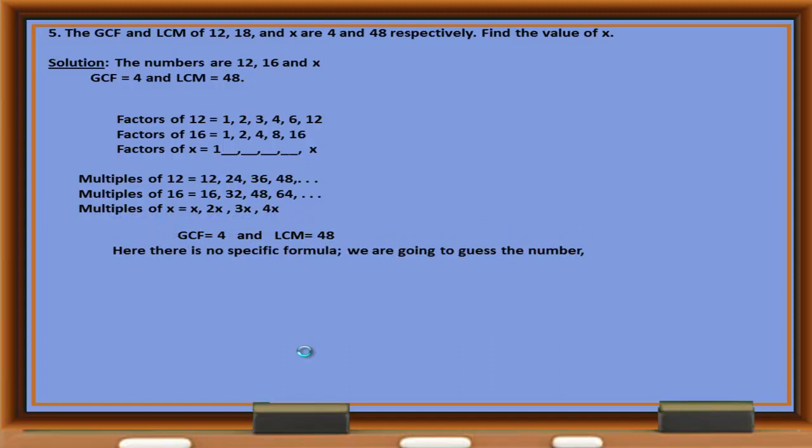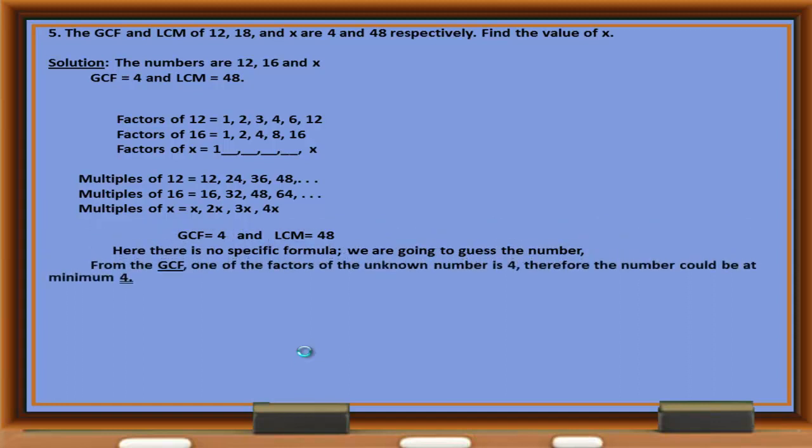Here there is no specific formula. We are going to guess the number. From the GCF, one of the factors of the unknown number is 4. Therefore, the number could be at minimum 4. From the LCM, the number is a divisor of 48. Therefore, the number is at maximum 48.